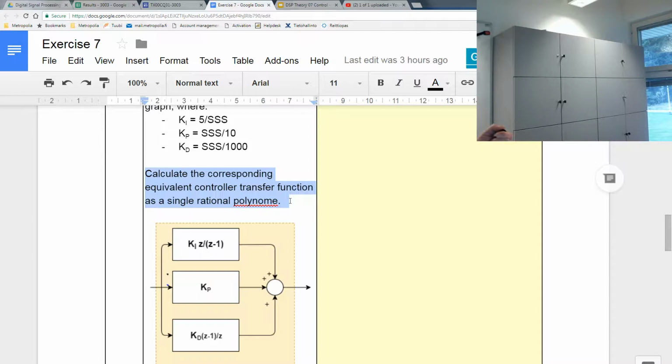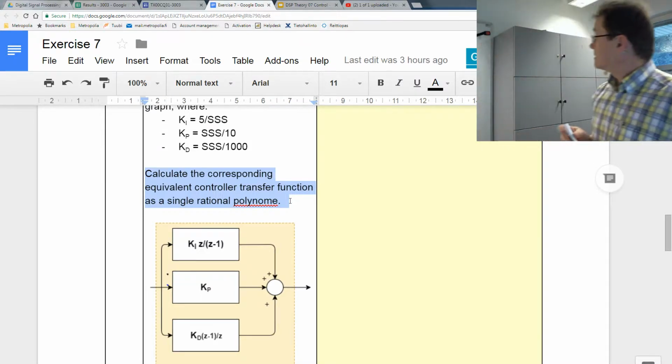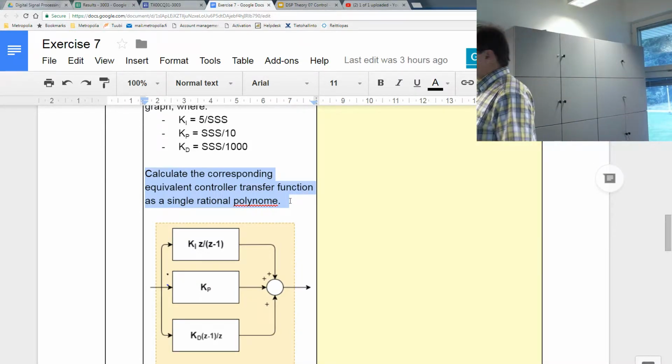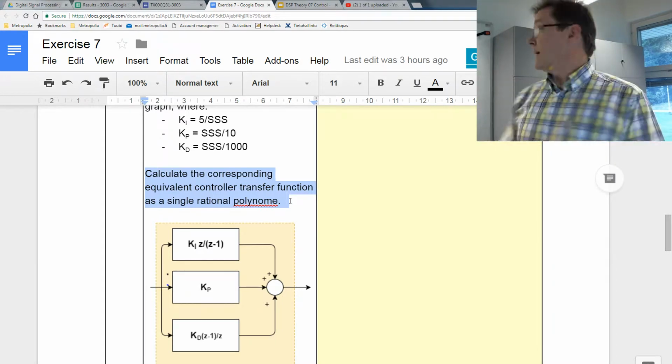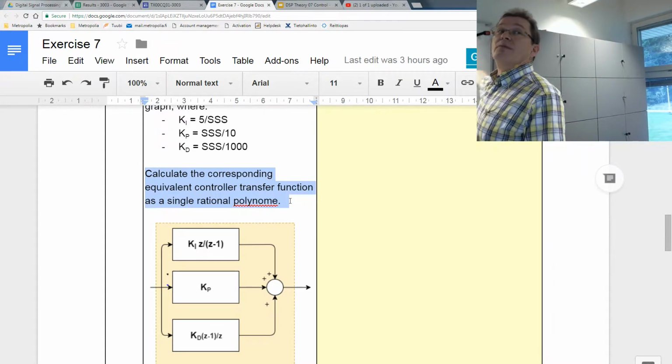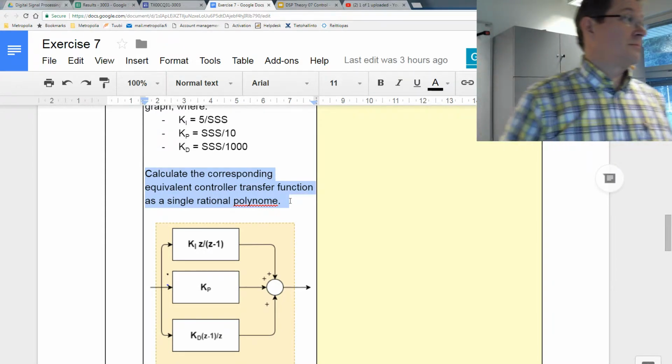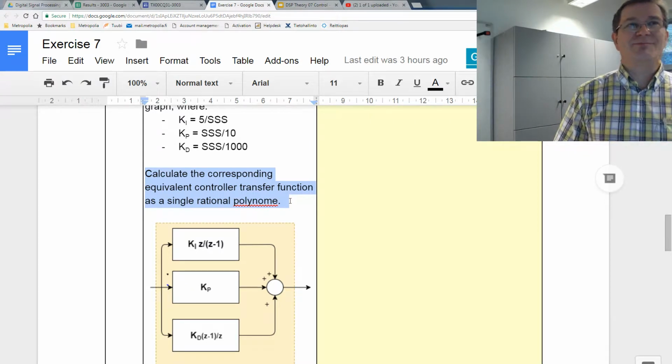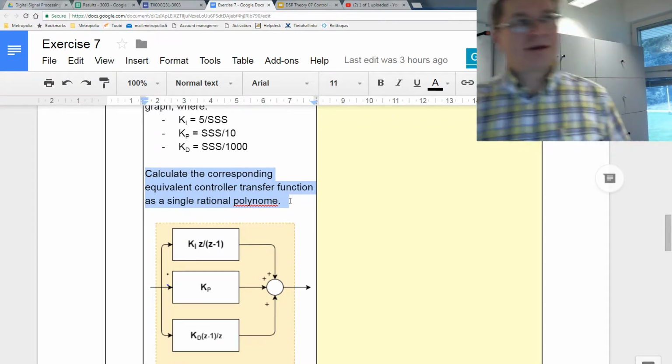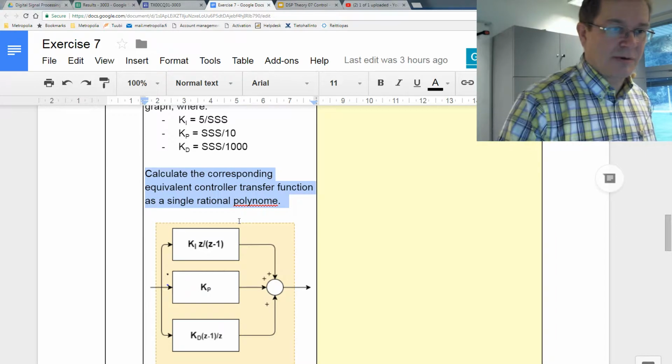Although this would be a first order system on the denominator term. So this form of rational polynomial is quite simple actually when you do it with some of the tools we have.